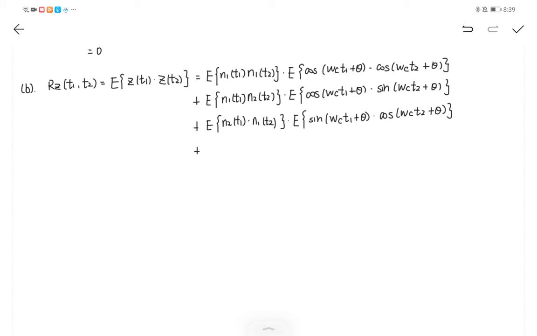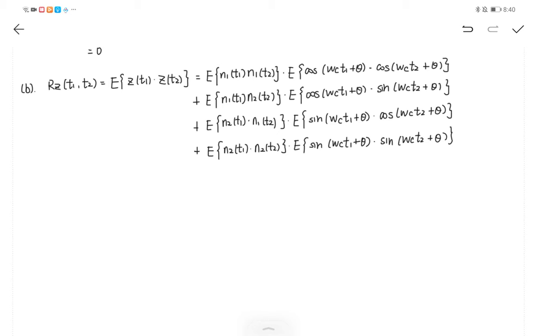Plus the last part is E[N2(t1) N2(t2)] multiplied by the expectation of sine(omega_c t1 plus theta) multiplied by sine(omega_c t2 plus theta).